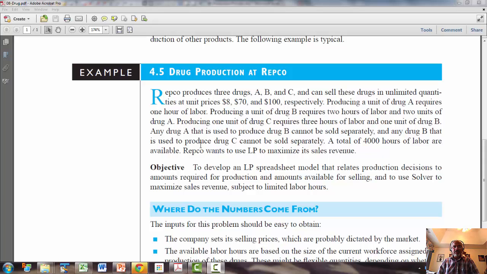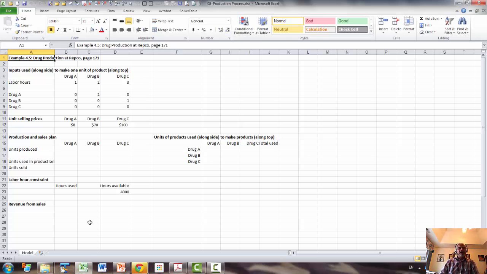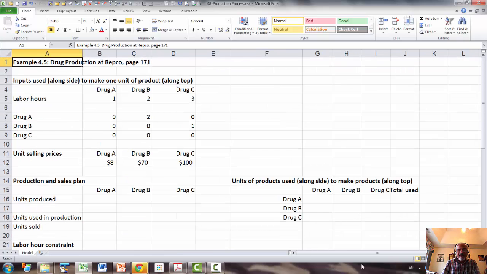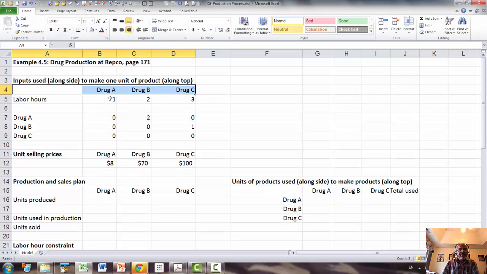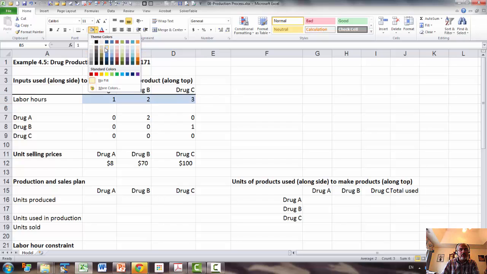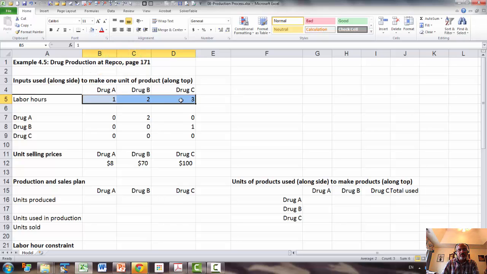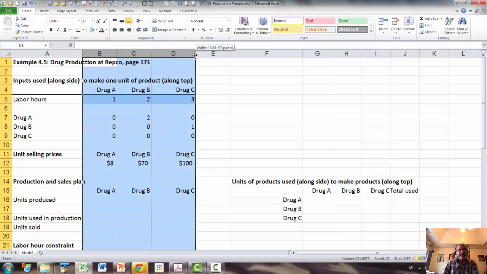So here is the information given. Let's jump right into the Excel file and review the input data. So here we have 3 products, drug A, B, and C, and they require labor hours: 1 hour, 2 hours, and 3 hours of labor for each of the 3 products.